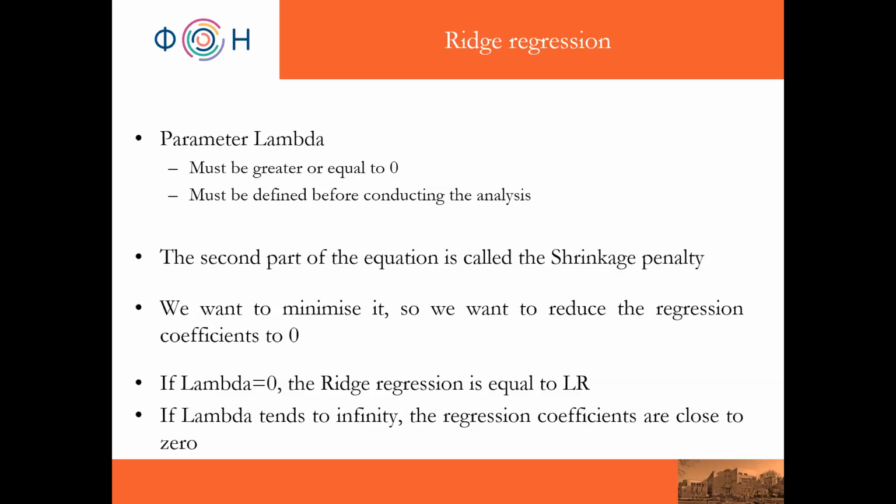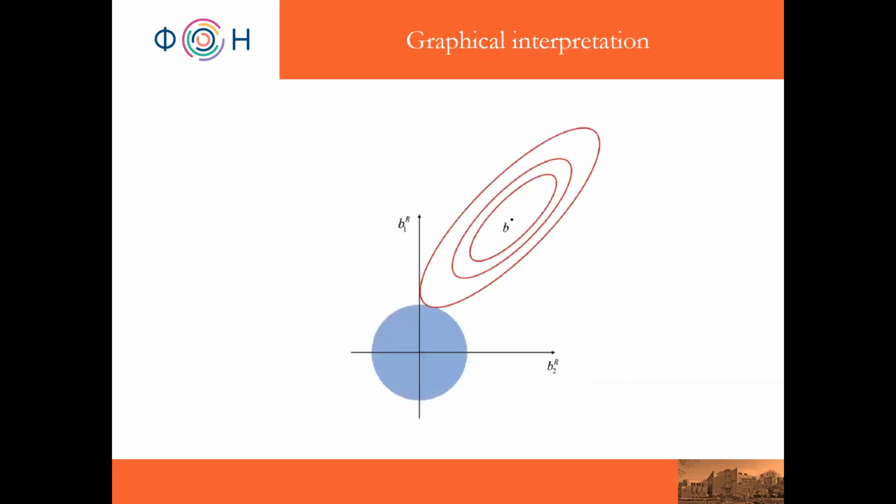So now the question arises: how are we going to find that good value of lambda, which is going to decrease the values of our regression coefficients, but not for all of them? Maybe just a couple of them are going to become 0, a couple of them are going to be reduced.